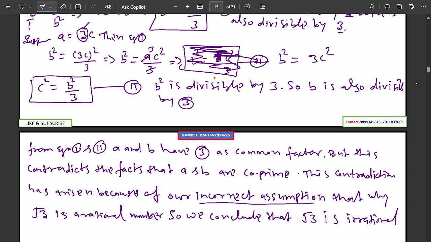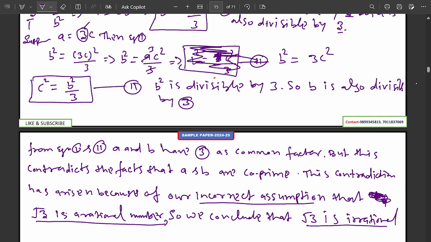If this is not a rational number, it means this is irrational.